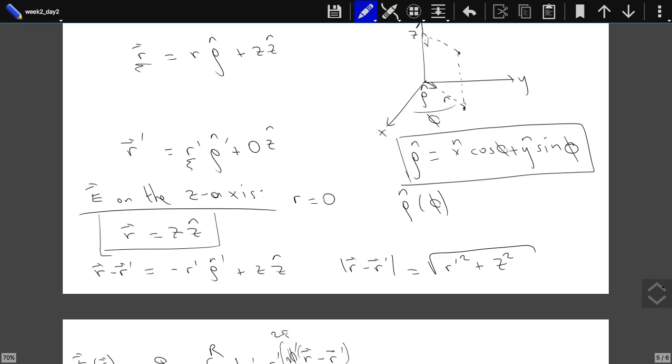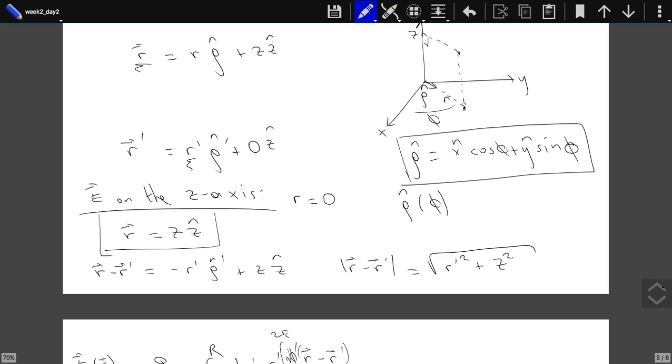So to evaluate the magnitude, just take the scalar product of this with itself and take the square root. Since these two are orthogonal vectors, just like x, y, z, the square of the magnitude is just r minus r prime squared plus z squared. I take the square root to write the magnitude.